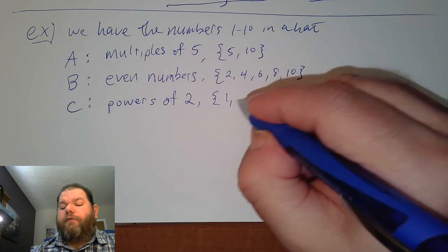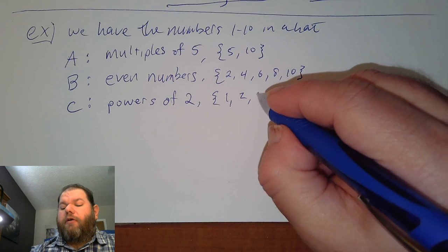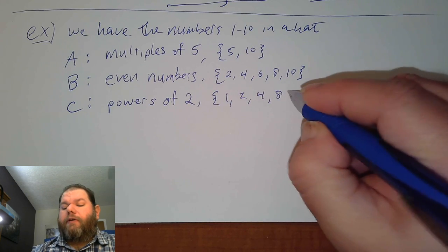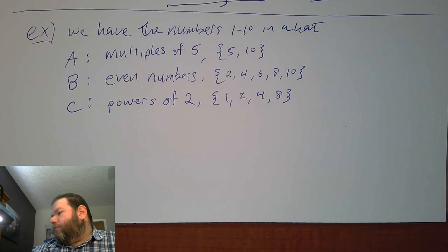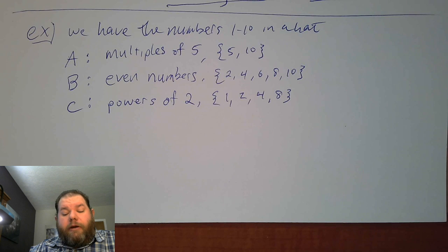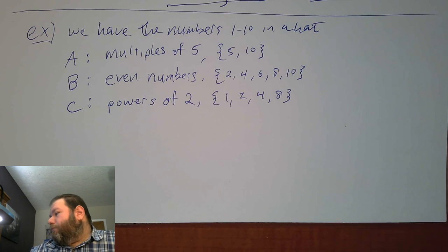And powers of 2 is 1, 2, 4, and 8. One is actually 2 to the 0th power. That's why we include that. 2 to the first power is 2, 2 squared is 4, and 2 to the third power is 8. Anyway.